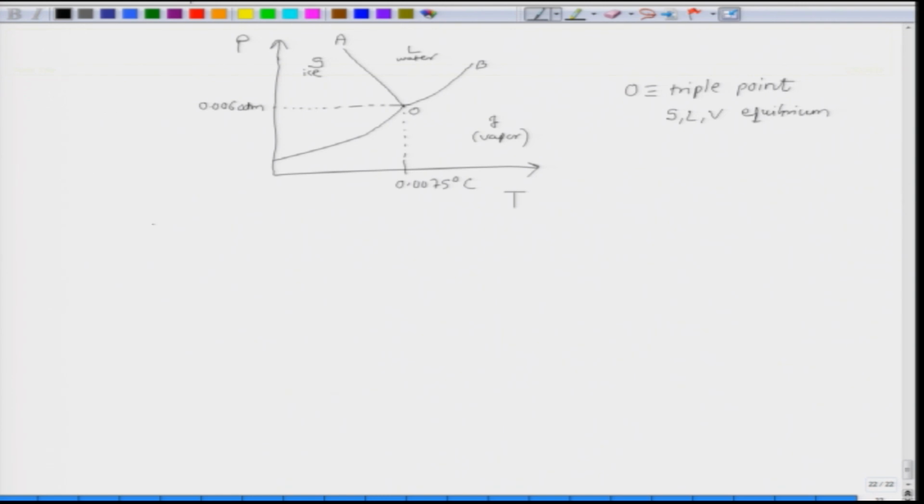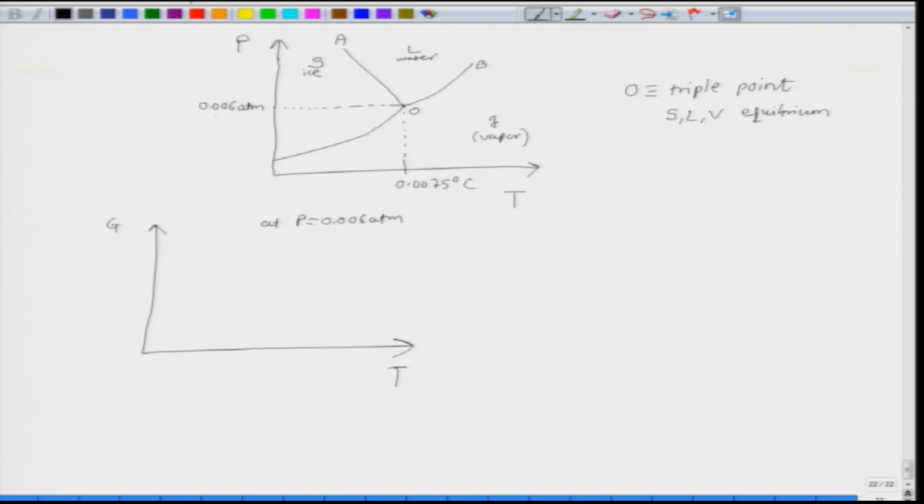Okay, so, if we try to plot, let us say, G versus T for water at a constant pressure of 0.006 atmosphere, how would it be? Now, we have three possible phases. So, we need three curves.